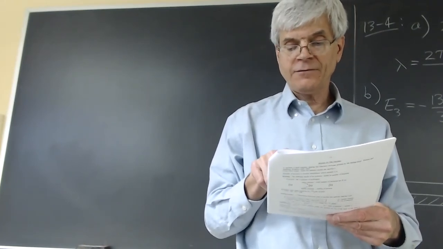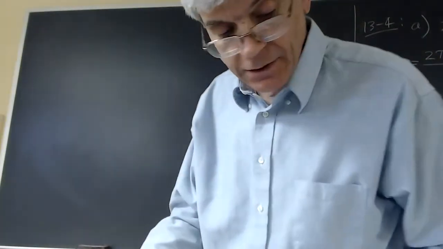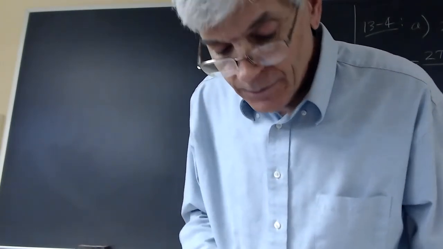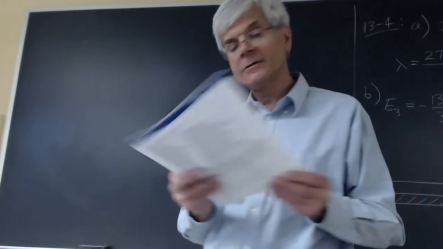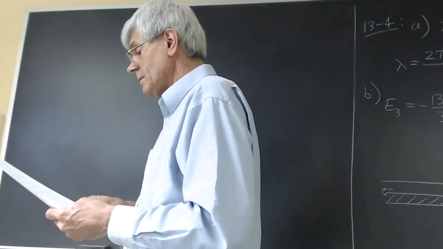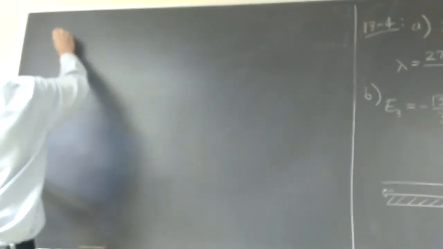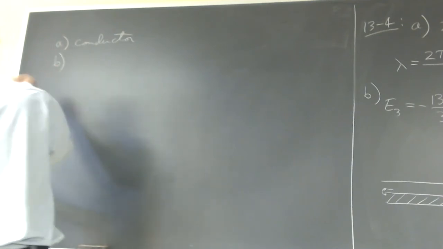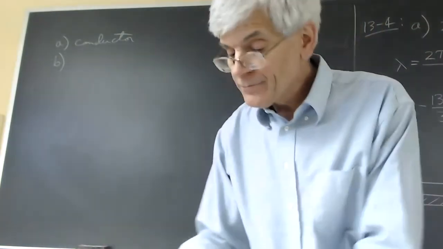You have that half full conduction band, and that makes it a good conductor. Maybe I don't need to write that down, but I will anyhow. Part A is a conductor.